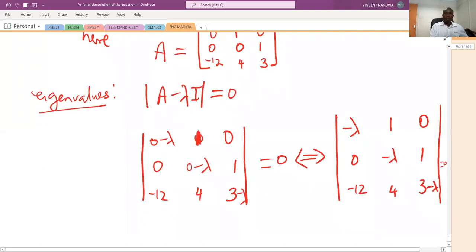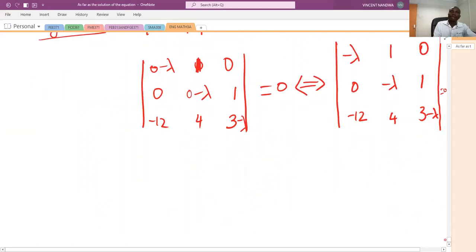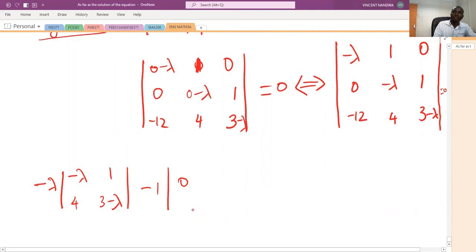Expanding along the first row will give us negative lambda times the determinant of minus lambda, 1, 4, 3 minus lambda. The sign of this element is negative, so negative 1 times the determinant of 0, 1, minus 12, 3 minus lambda, which should give us 0.